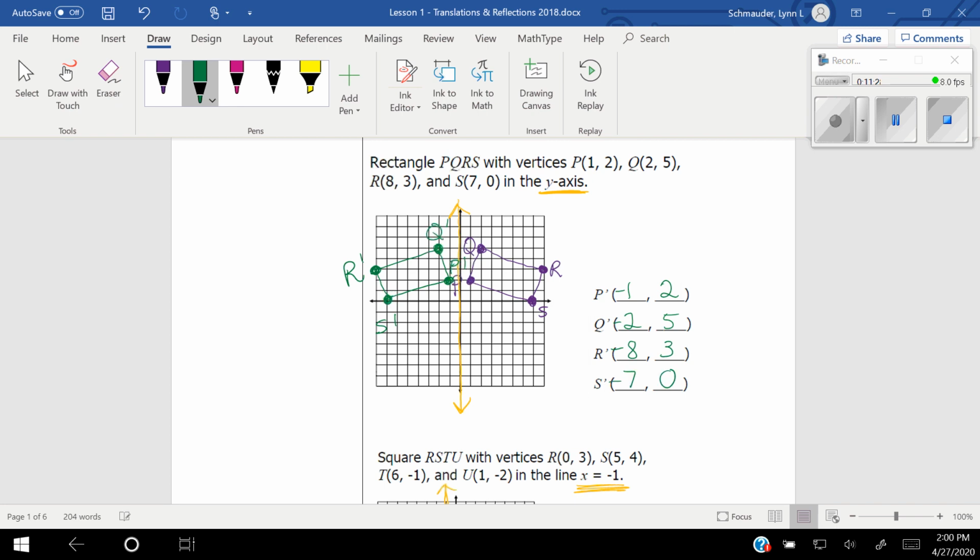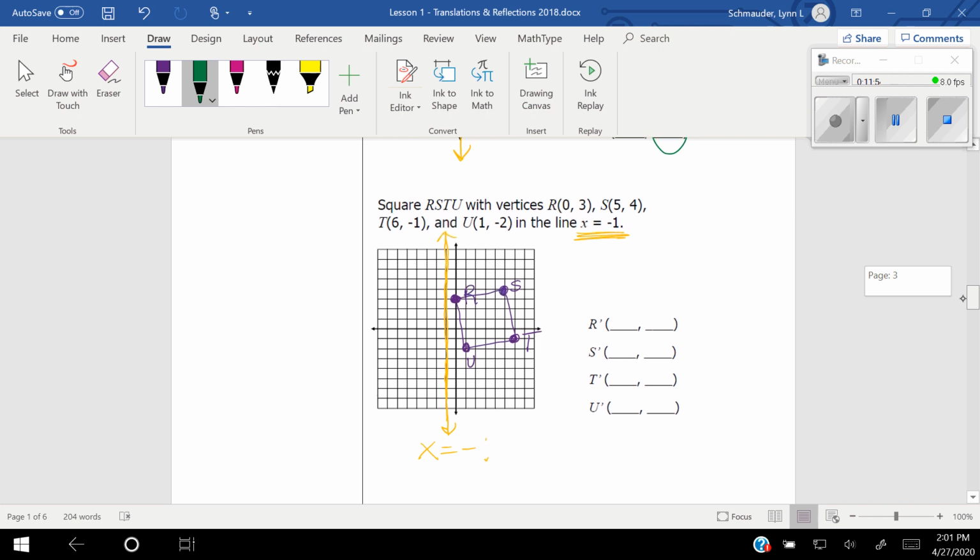And what do you notice this time that doesn't change? It's the y-coordinates. So when you have a reflection in the line x equals 0, which is the y-axis, it's going to be (-x, y), right?